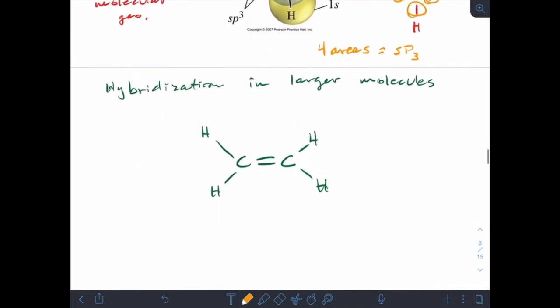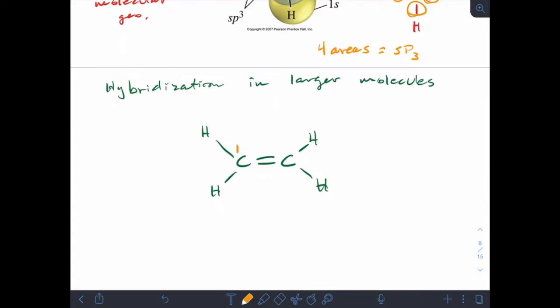Right? Now let's start to take a look at how we can apply this to slightly larger things. So now we're not dealing with a single central atom, but just like we did doing geometries, we can look at individual central atoms. Let's call this carbon number 1, this carbon on the left.